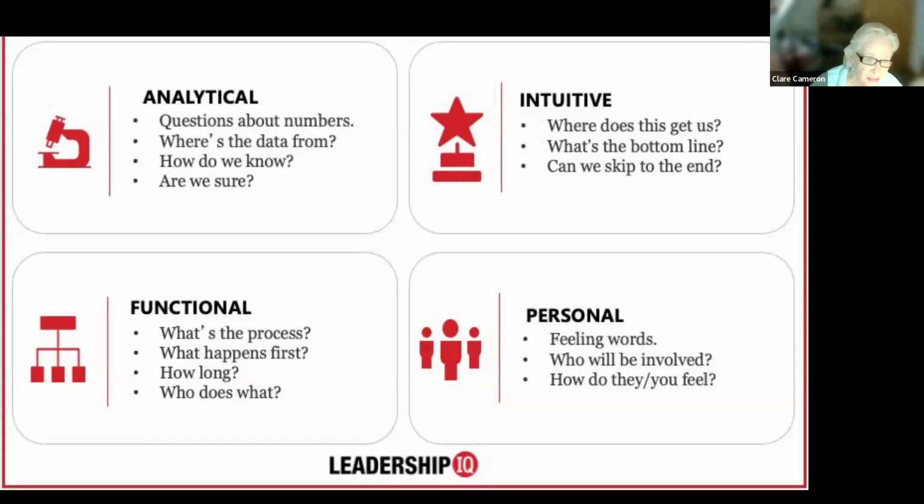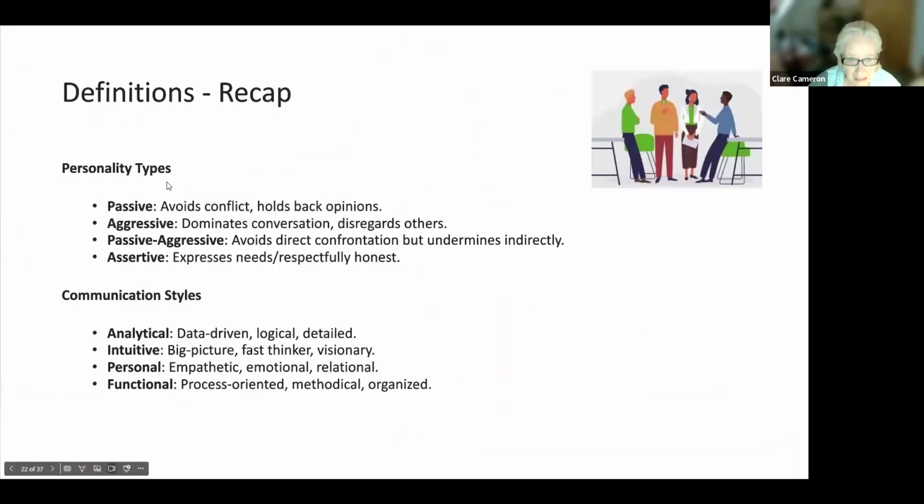So I've done a little matrix because we've got four and four. We've got the personality types, and then we've got the communication styles. So if you want to read that slide, there's a little recap of what we've been looking at.